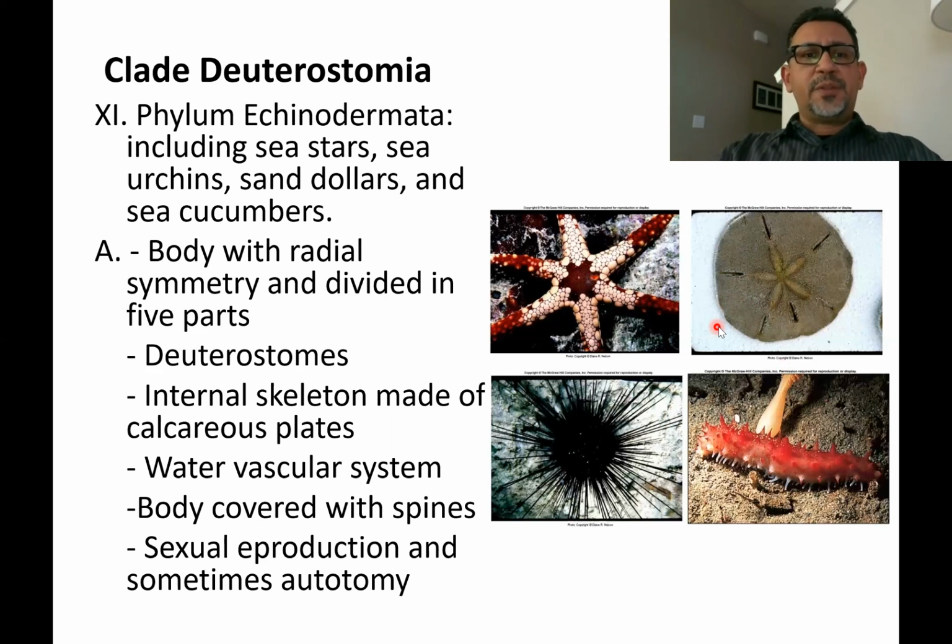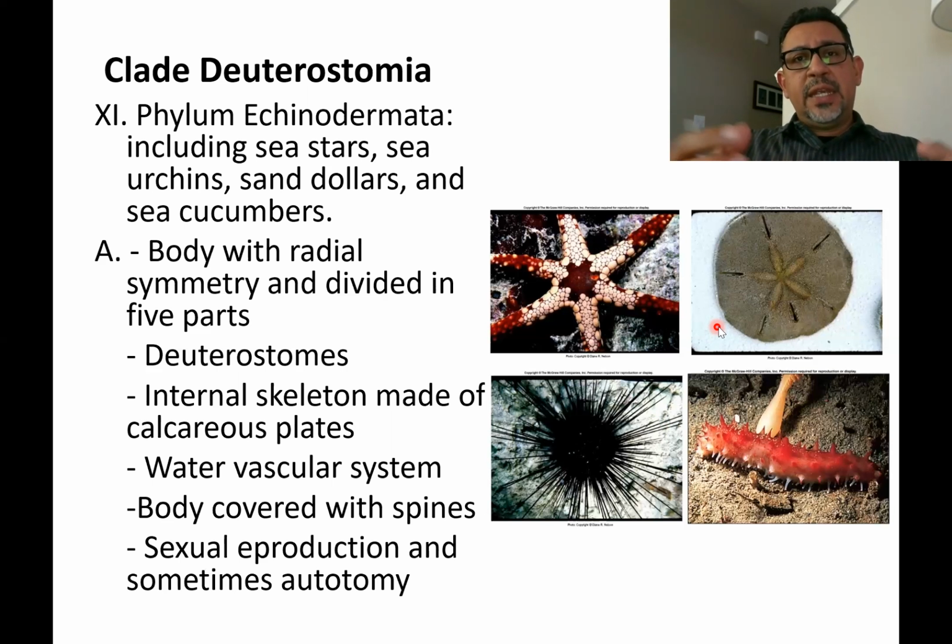So deuterostomes, remember, mouth forms second. These are animals that have an internal skeleton. The internal skeleton is based on a framework of calcareous plates. When I use the word calcareous, it means calcium carbonate, a compound that is abundant in the ocean.